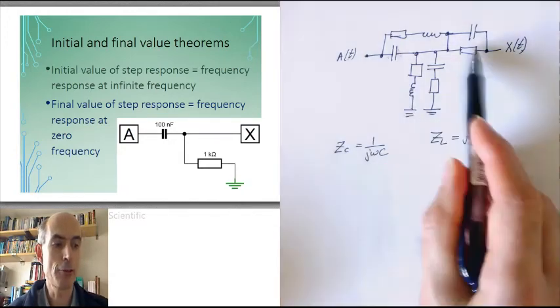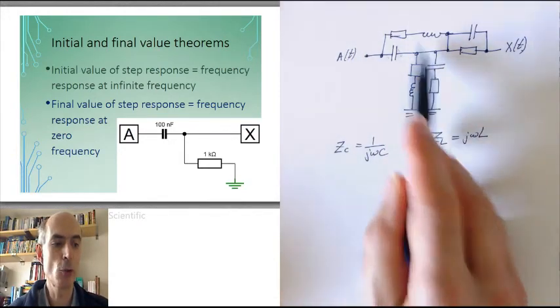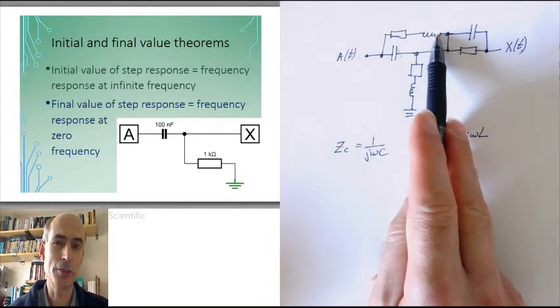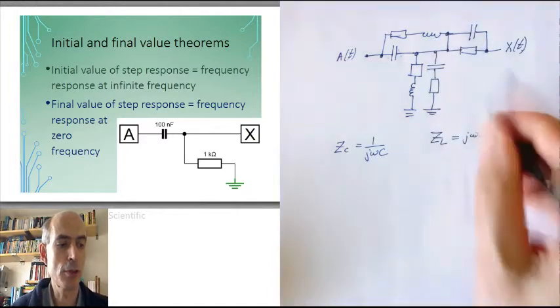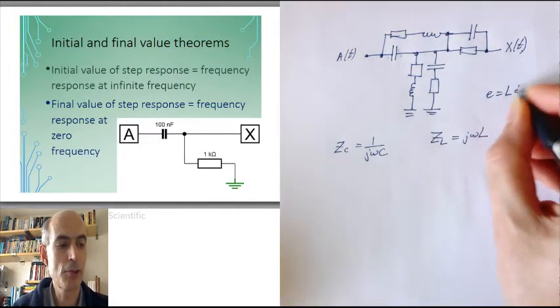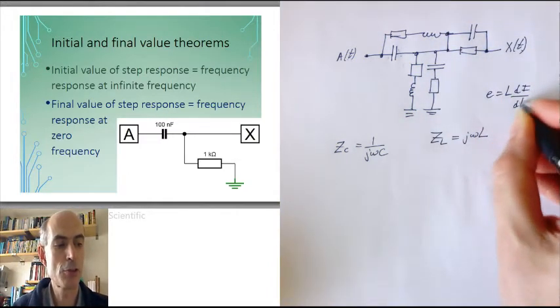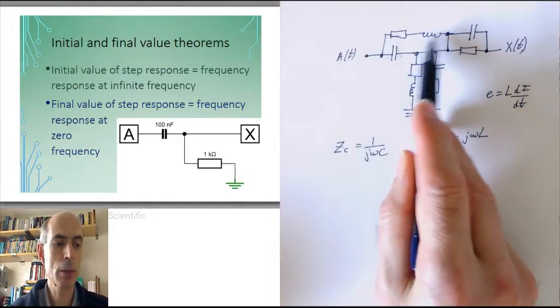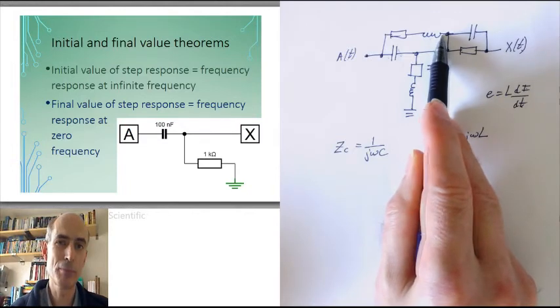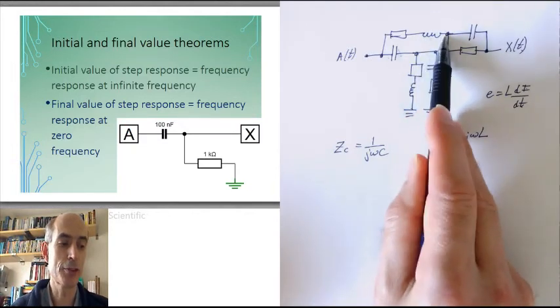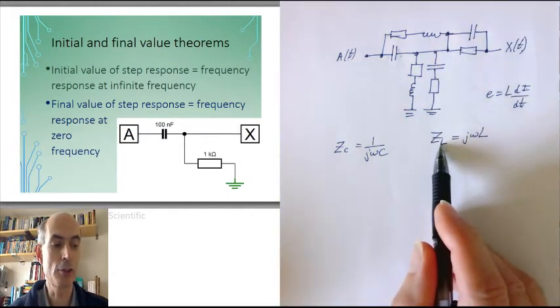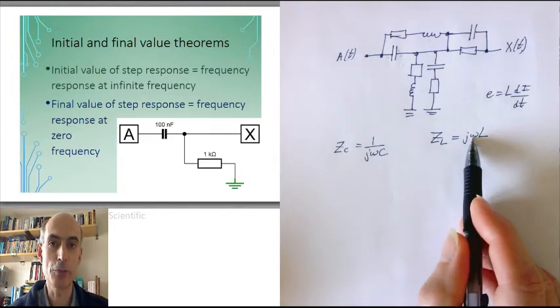And after an infinite time, when everything has settled down and no currents and voltages are changing, there will be no voltage across the inductor. So remember, the voltage across the inductor is L di/dt, related to the rate of change of the current. If the currents are no longer changing, there will be no voltage across the inductor. If there's no voltage across the inductor, it's effectively behaving like a wire with zero resistance, which is exactly what an inductor does at zero frequency.